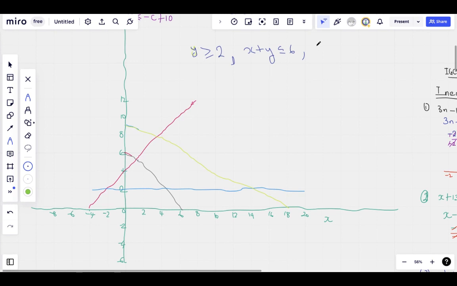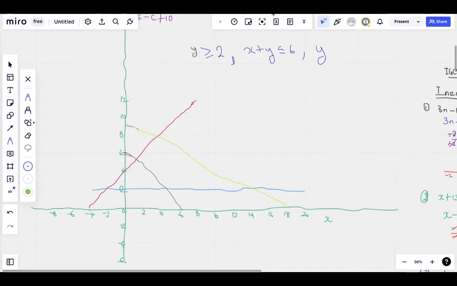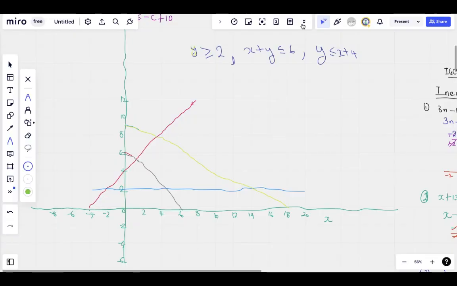Then we have another one, y is lesser than or equal to x plus 4. And then we have the last one, x plus 2y is lesser than or equal to 18. So these are the 4 inequalities.